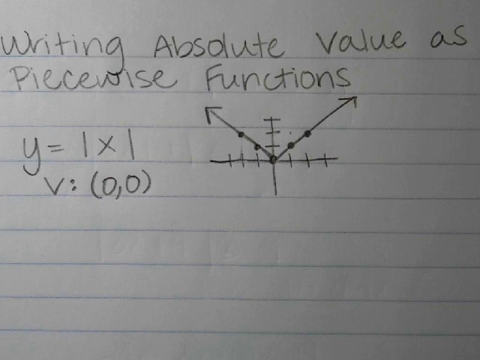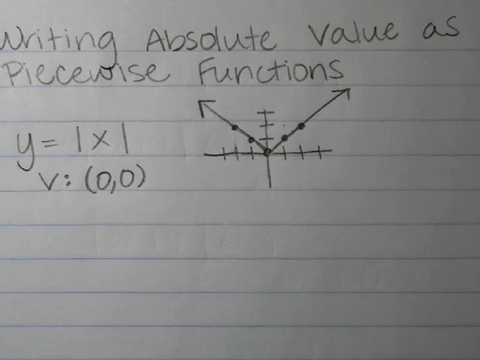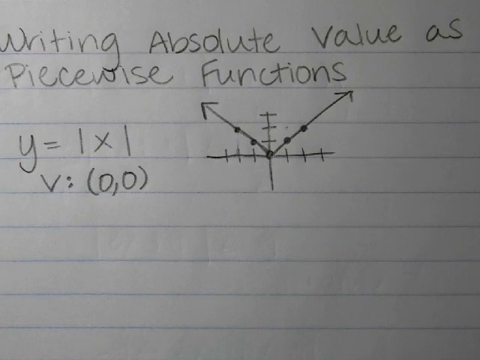Okay, so what we do to write a piecewise function is we say I can take this graph that's already drawn and I can split it in half, and say that it's one linear function connected to another one.